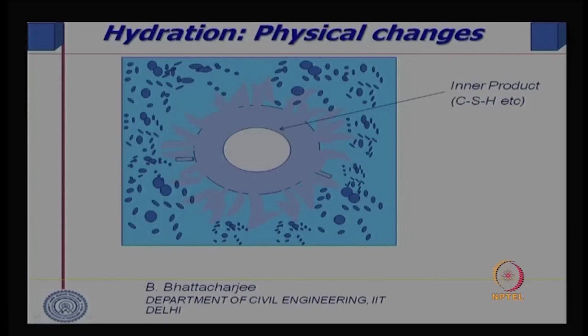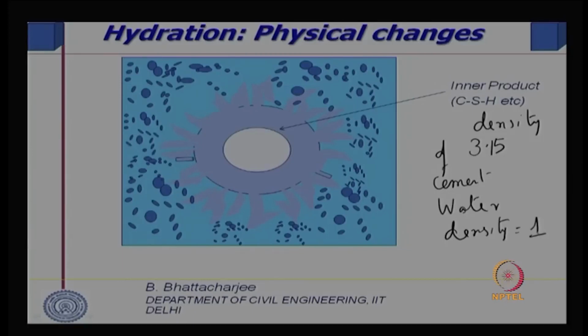Now, as we know, the density of cement is 3.15, and water has a density of 1.